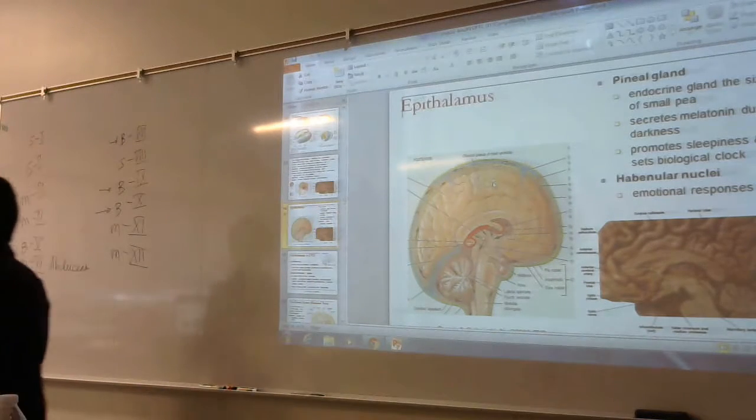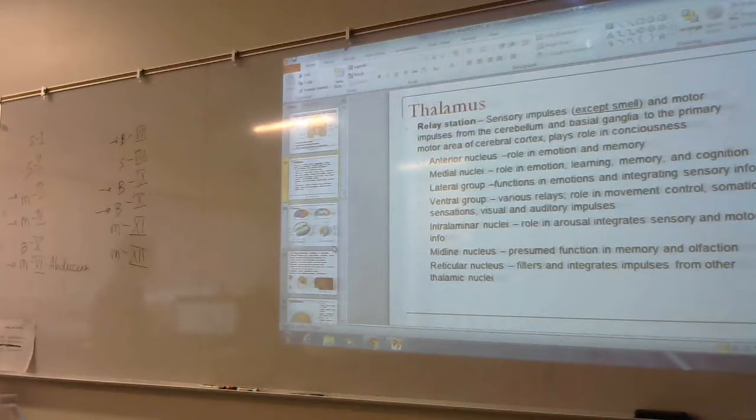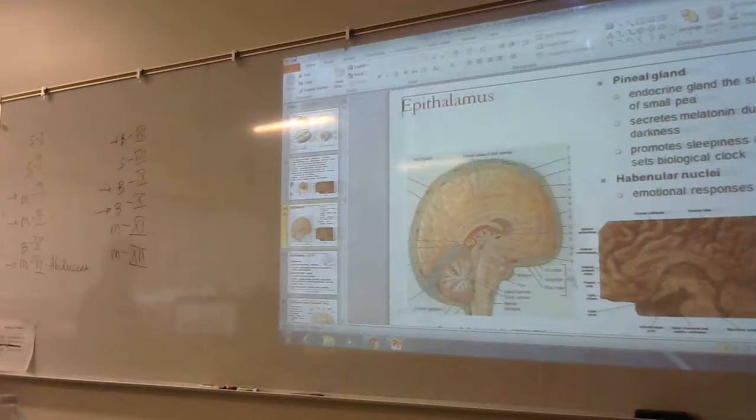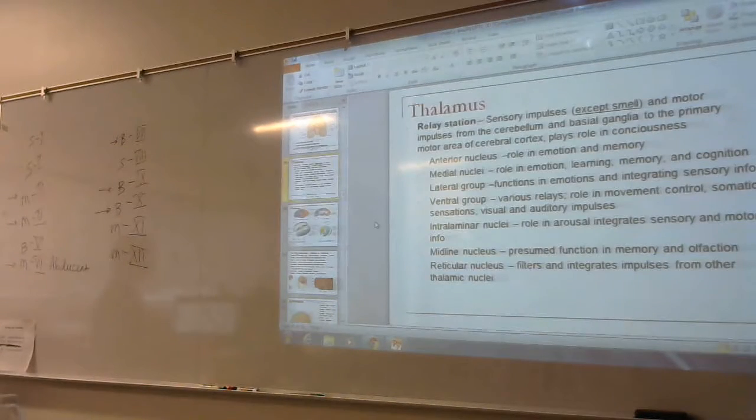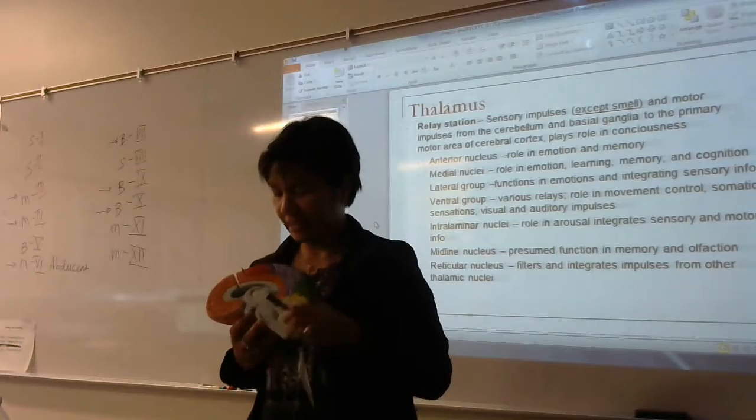Next, thalamus. The thalamus is up here, okay? This one right here. Next to thalamus, you're going to write relay station. So I'm going to use this one right here, and there's the thalamus.